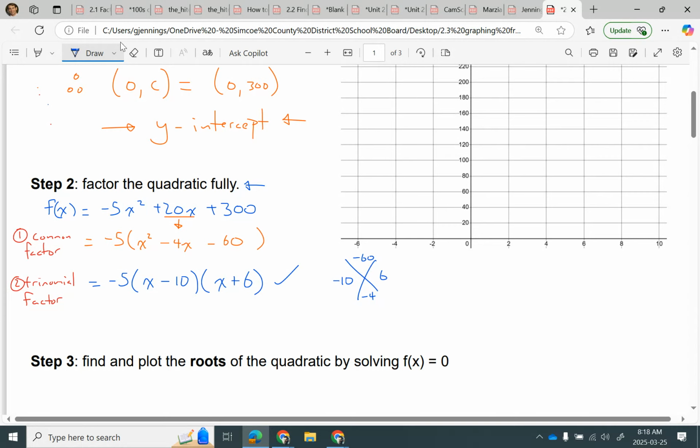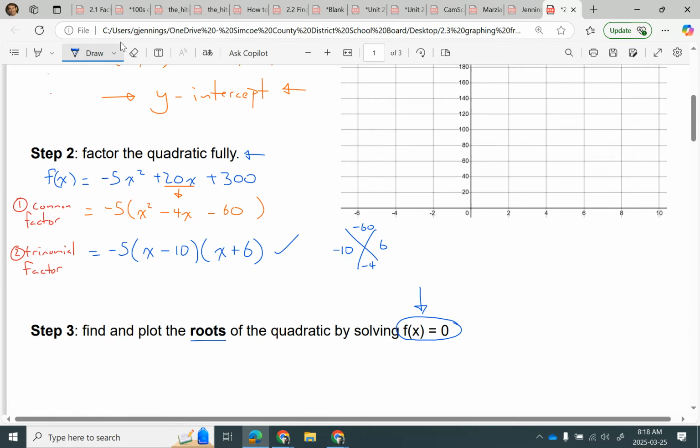Now, we can use this to find the roots of the quadratic by solving this equation. Set the function equal to 0. f of x is equal to 0 at some point, meaning the y value will be 0. The rocket will be on the ground. And then we solve.